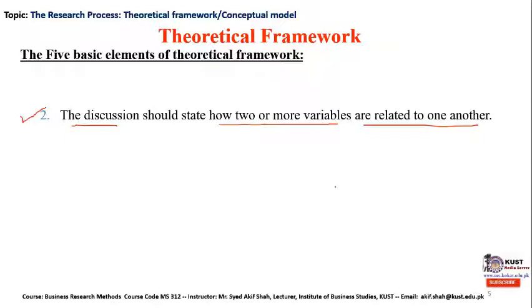If there is 1 unit increase in the independent variable, it will lead to 1 or 2 or whatever units increase in the dependent variable, or it will lead towards a decrease in the dependent variable quantity. So it must be clearly stated in the theoretical framework.